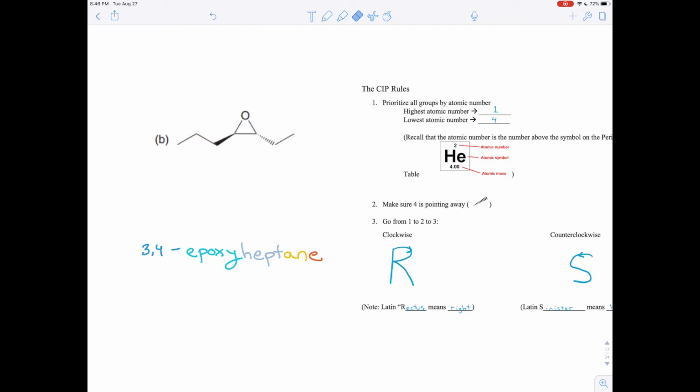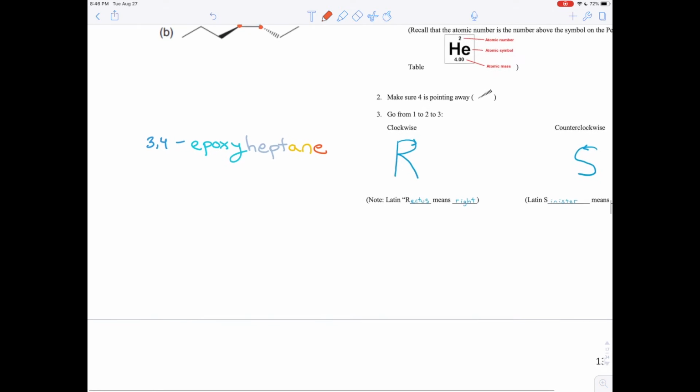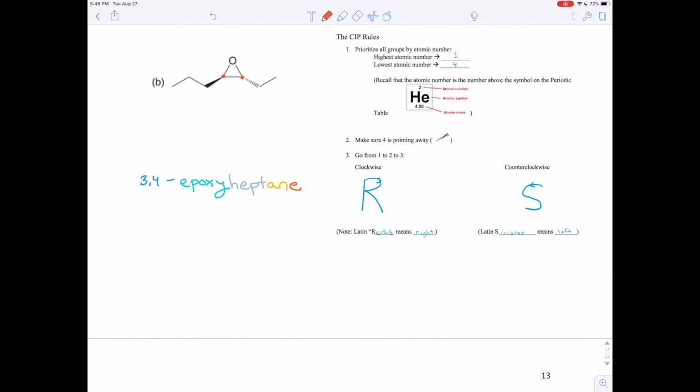And so you would want to be able to give the R or S configuration for each of those. So the chiral centers, where could they be? They always consider the places that have the stereochemistry drawn in. That stereochemistry is usually drawn in to tell you which hand you have at those points. So let's draw this molecule two times, and we'll look at one chiral center at a time.